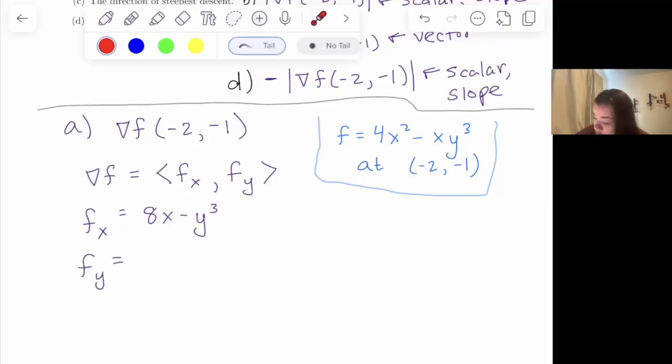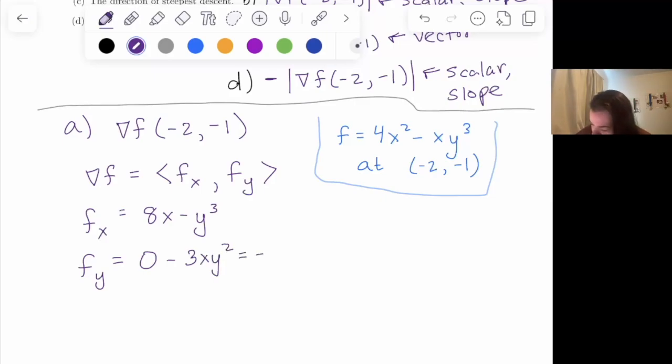Again, we go back to the f function. We restart at the f function. The partial derivative with respect to y, the first term is 0, since we're treating x as a constant. And then the second term is 3xy squared. So cleaning that up gives negative 3xy. Oops, negative 3xy squared. There we go.